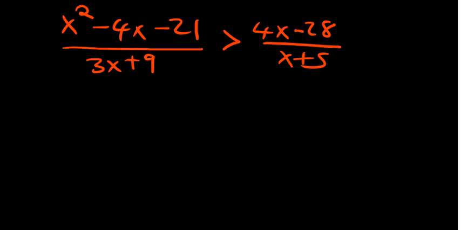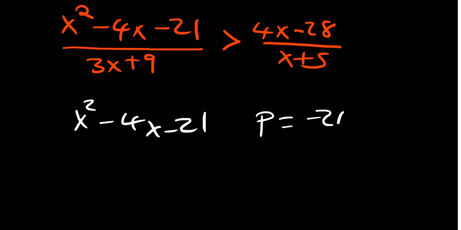Okay, let's try to see if it's going to cancel out. So we have x squared minus 4x minus 21. The product there is minus 21. The sum is minus 4. So what possible values do we have as our factors? 7 and what? Okay.